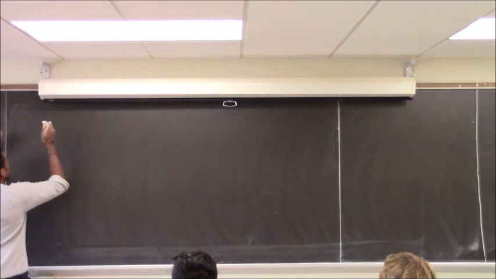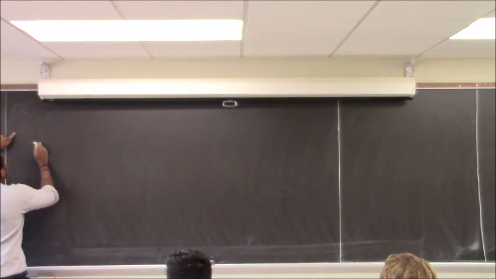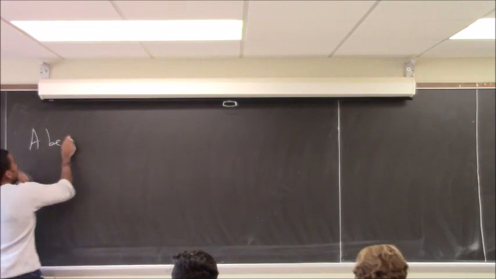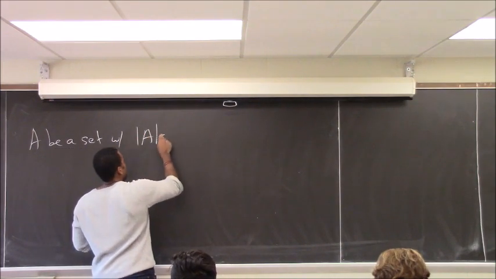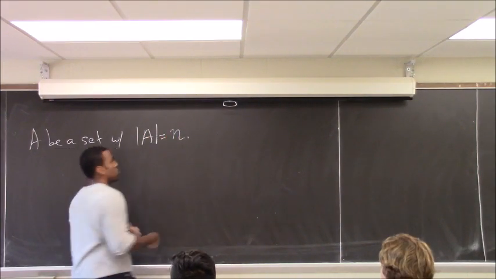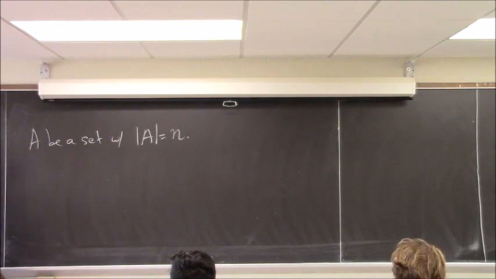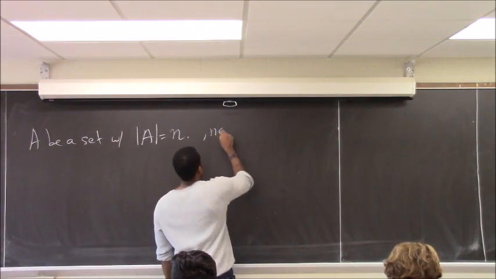First rule. Let A be a set with the size of A equal to n. So here's a set with n elements. n is a natural number.